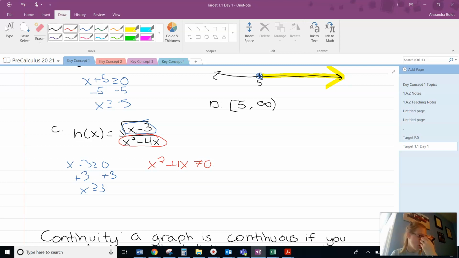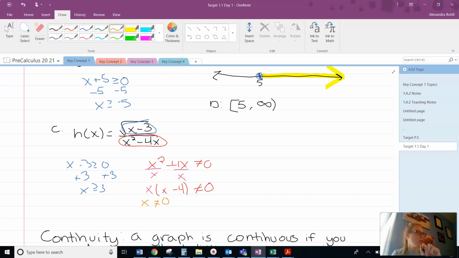For this x squared minus 4x, if you look, they both have an x in them. That x goes on the outside. So x times x minus 4 does not equal 0. Split these up. X does not equal 0.